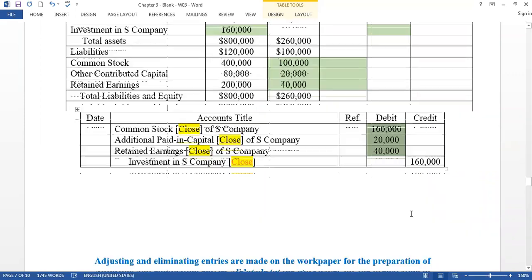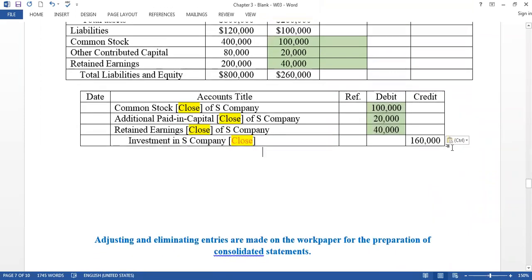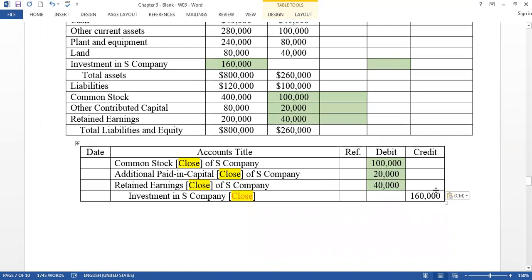And here this question is easy. Why this question is easy? Because we don't have any difference. If we have any difference, we have to record the difference.